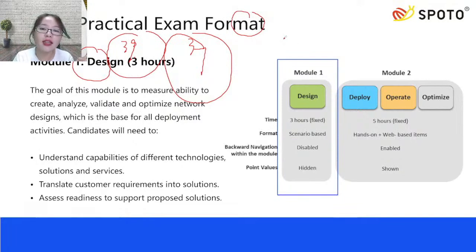Is that easy? No, it takes a lot of knowledge. So the skills of network engineers are especially tested. If you choose SPOTO, we can provide the complete information for you, so you can pass the design part easily.